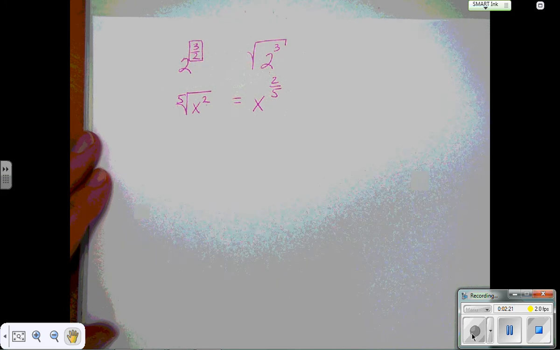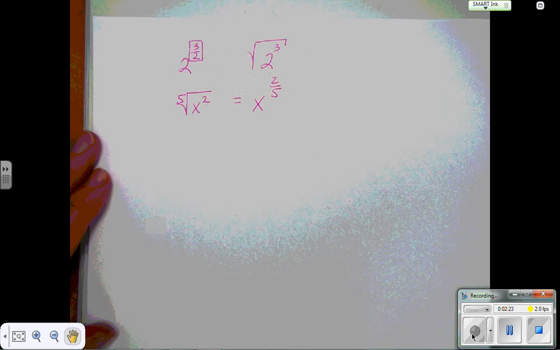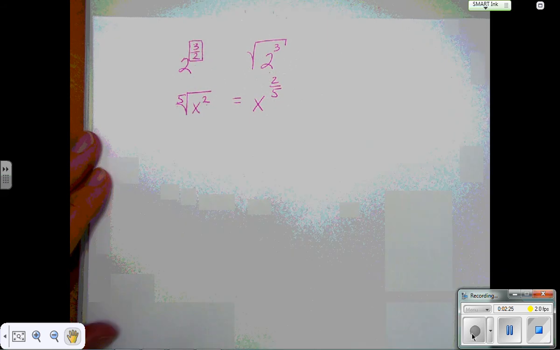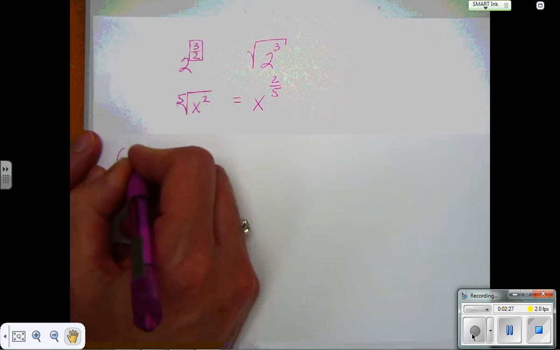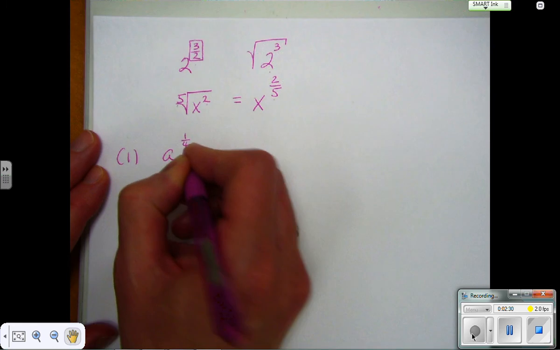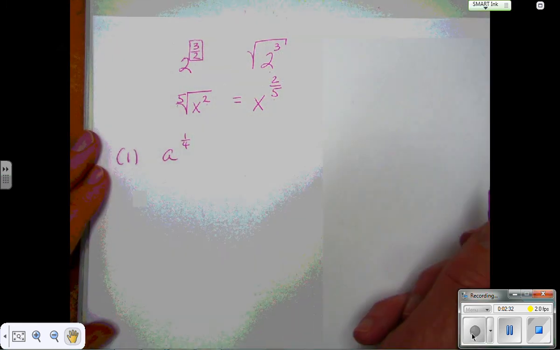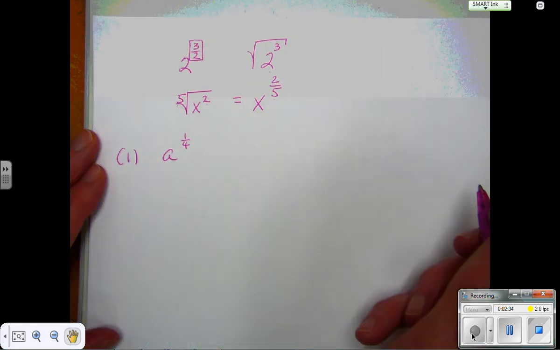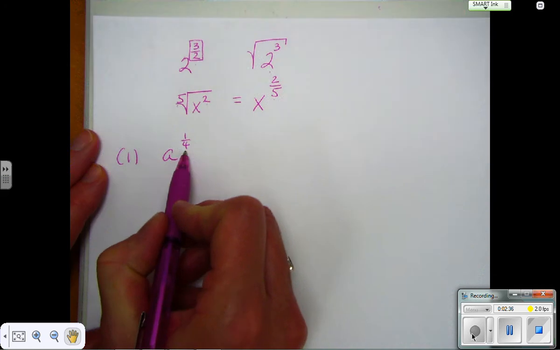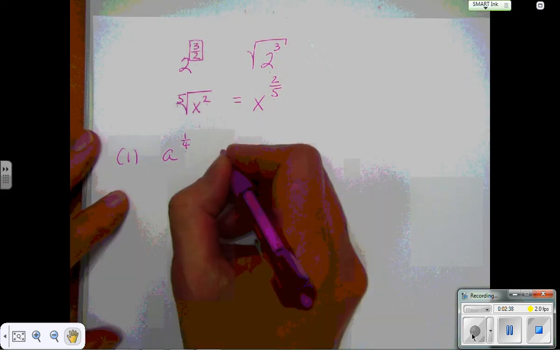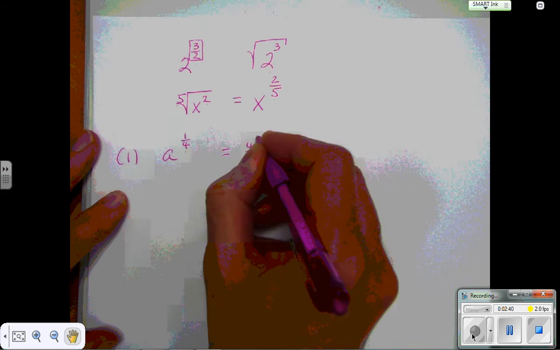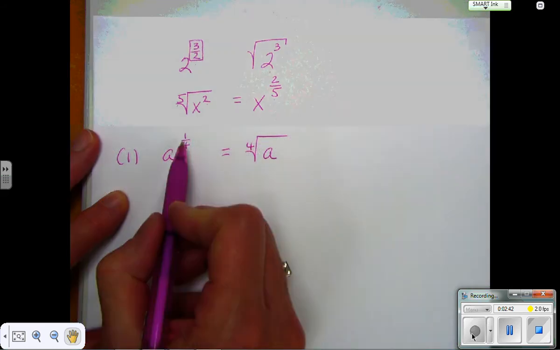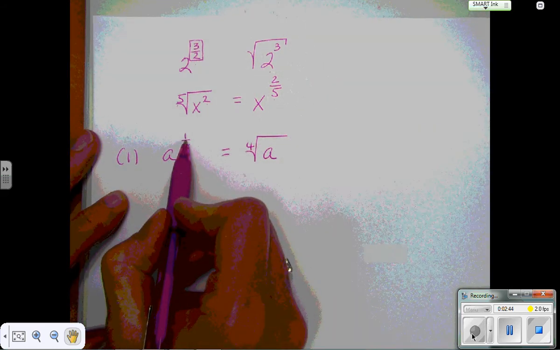So in the first part it says change each of the following into radical form. On number 1, a to the 1/4 is written as a rational exponent. So in radical form, the 4 in the denominator tells you what the root is. So that's the 4th root of a, and the number in the numerator tells you what the power should be.